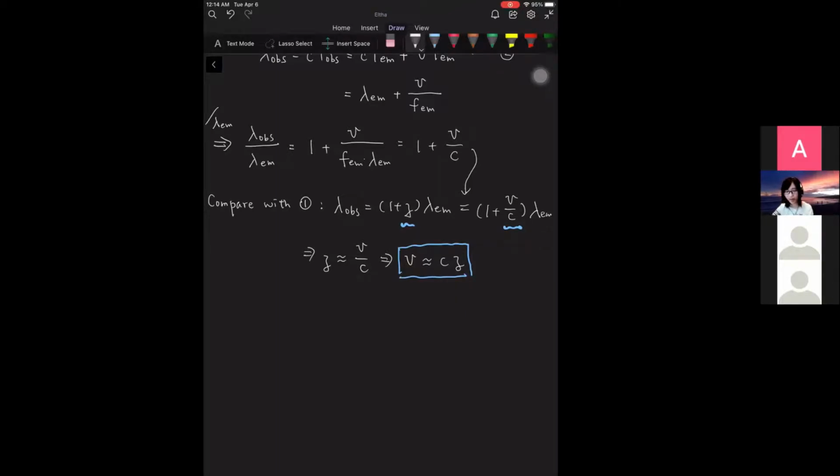So what if we have higher redshift objects, like say in your homework problem? I believe it's the last question. It asked if the galaxy is at z equal 1.5.